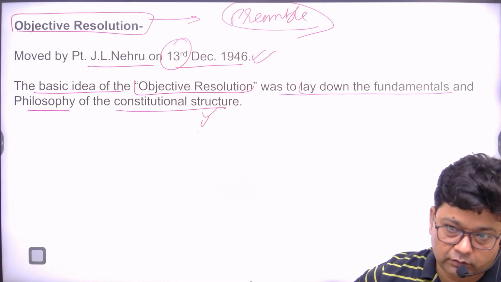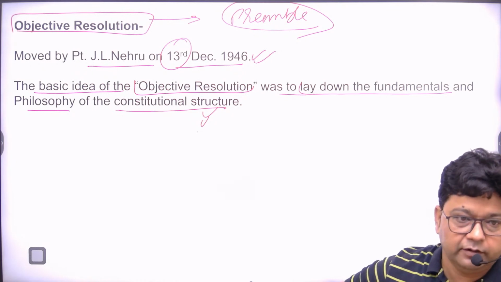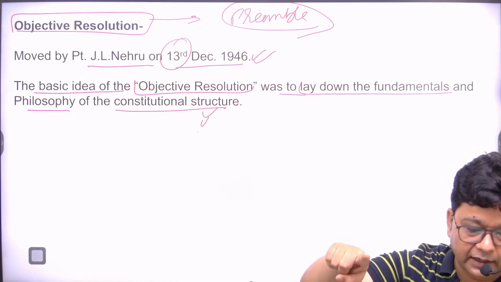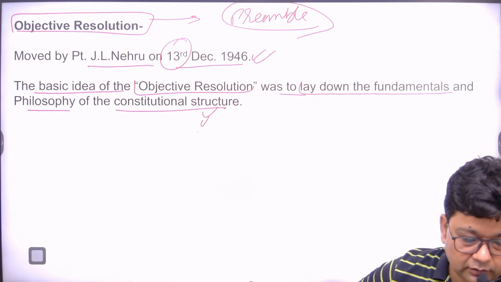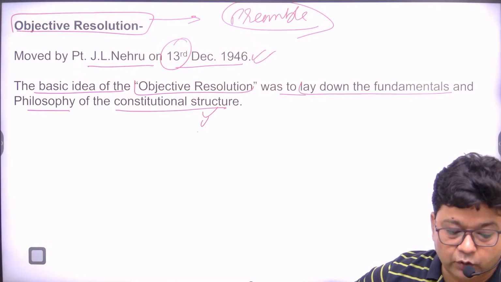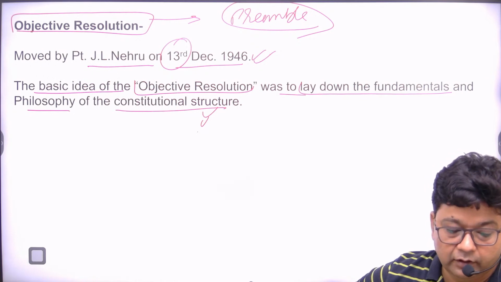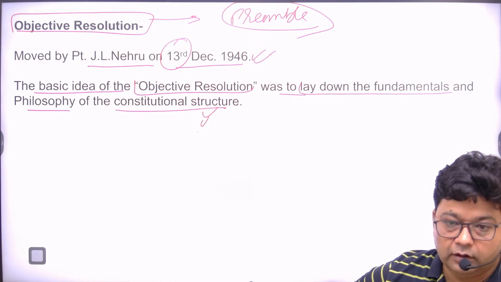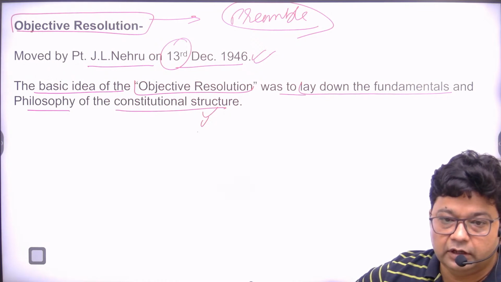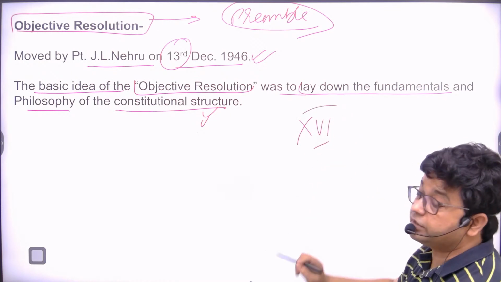For example, Part 10 of the Constitution talks about scheduled areas and tribal areas. Part 10 of the Constitution is dedicated to scheduled areas and tribal areas.